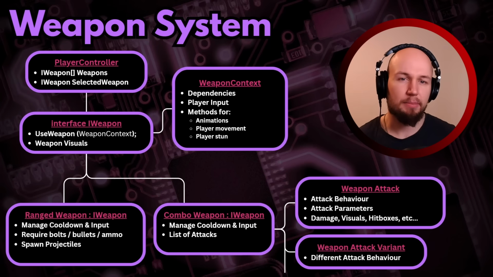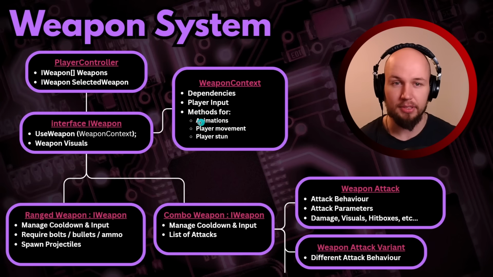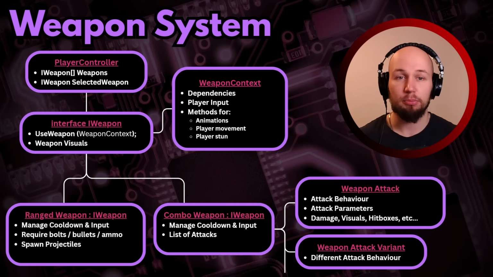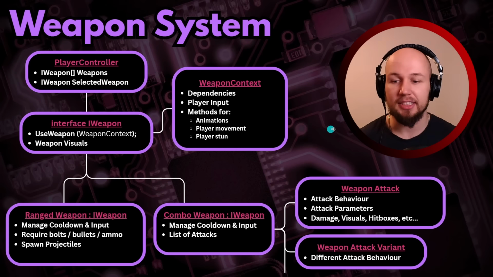The weapons in games have to interact with a fairly large number of different systems. They need to interact with the animations, they need to trigger player animations, they need to affect the player's movement. Some weapons may have small dashes or lunges, so they have to interact with the movement system.